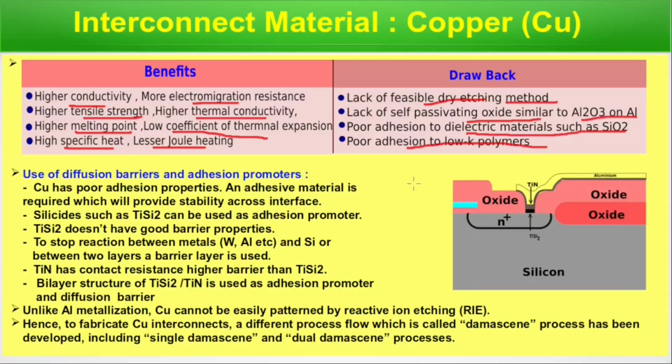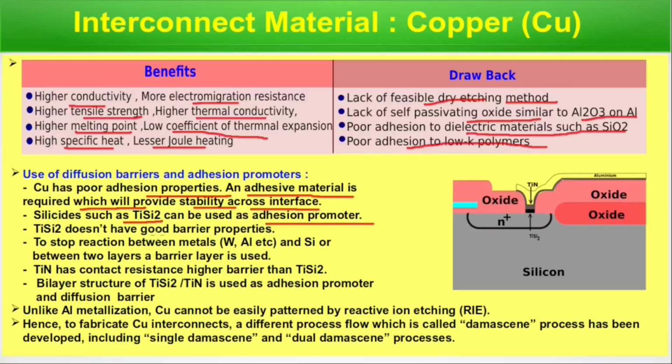If we want to use copper as an interconnect, then we have to use diffusion barriers and adhesion promoters. What are these things? Let's understand. Copper has poor adhesion properties and an adhesive material is required which will provide stability across the interface. Silicides such as TiSi2 can be used as adhesion promoter.